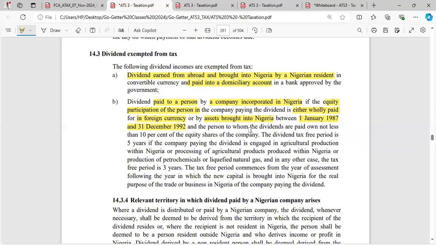So this is a special case where the equity participation between these two dates is looked at. But the main thing, the one that you will see mostly in exams, is if it is earned from abroad, brought into Nigeria and put in a domiciliary account.